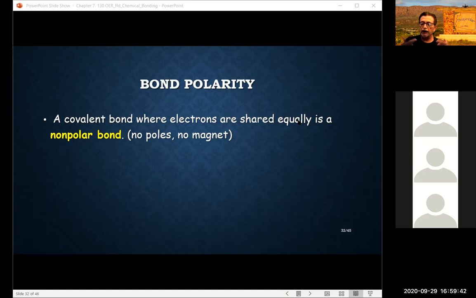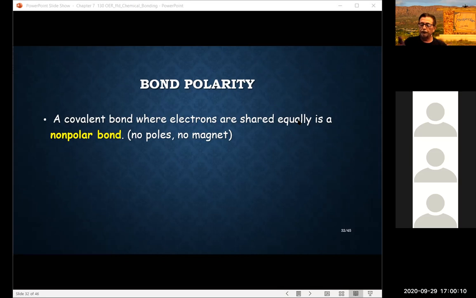And we have two types of sharing. One type is equal sharing, and the other type is unequal sharing. Depending on the atoms, it would tell us which ones would be equal sharing and which ones are unequal sharing. The ones that are shared equally are called non-polar bonds, meaning that there's no pole.